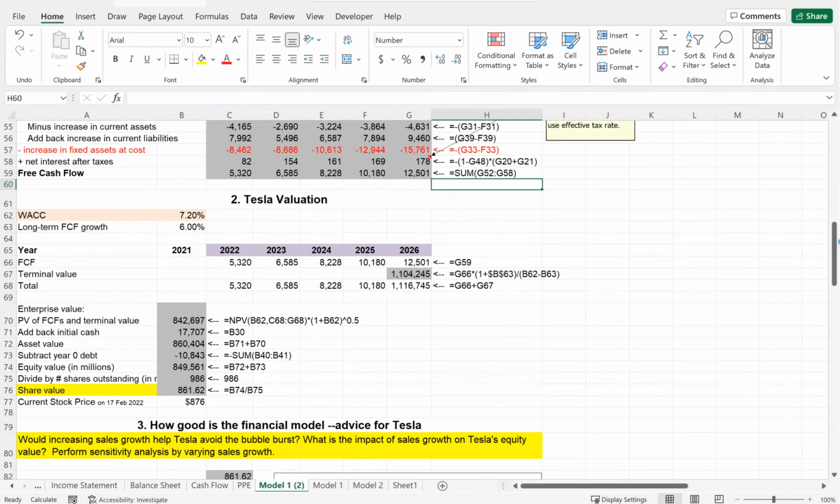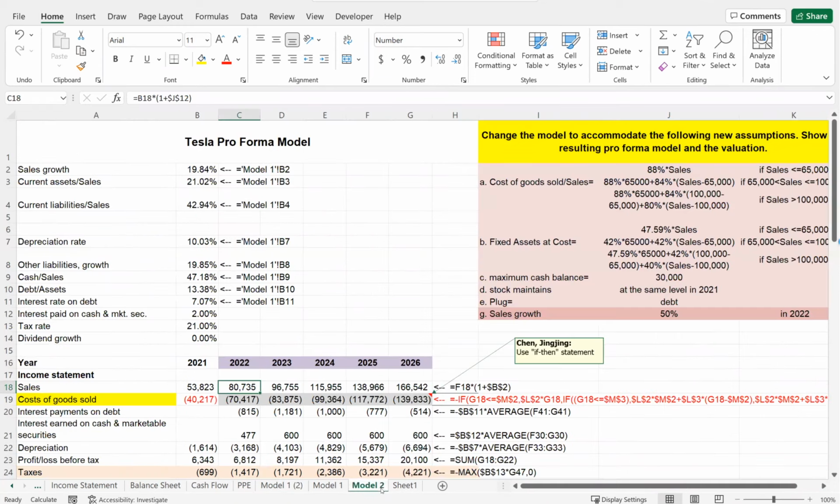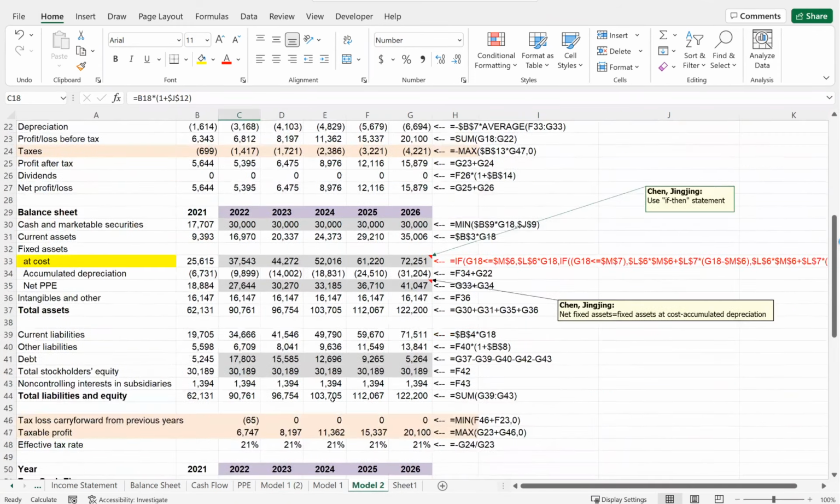And the share value I got here is 861. I go to model 2.